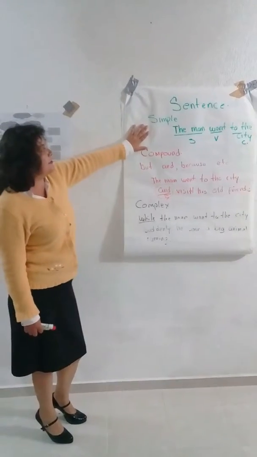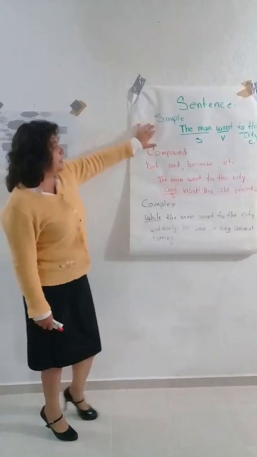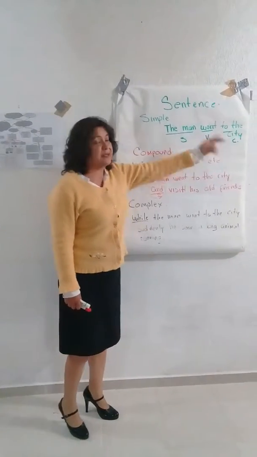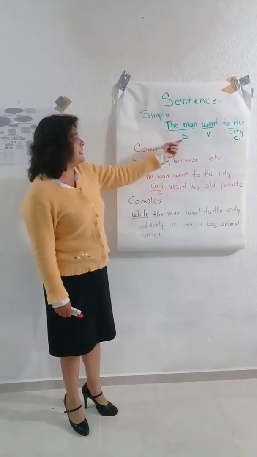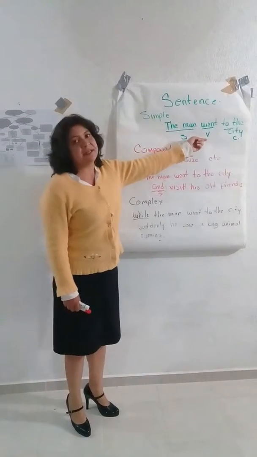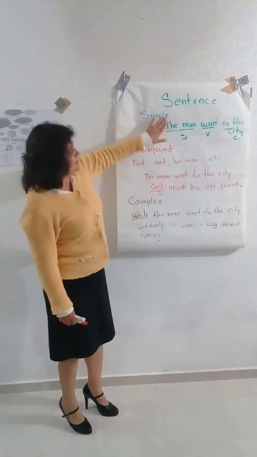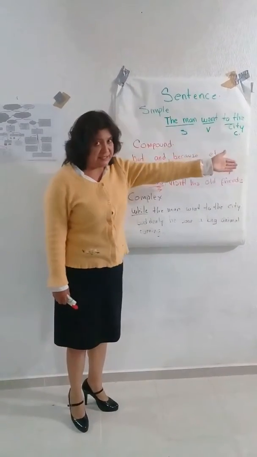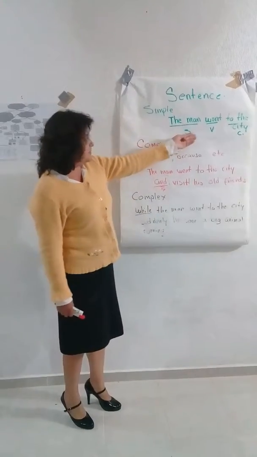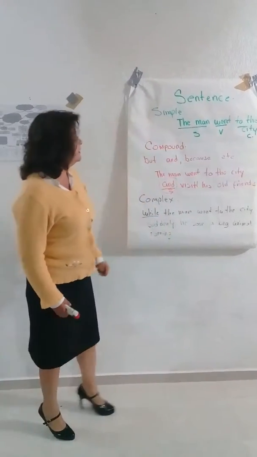Simple sentences are composed of a subject, a verb, and a complement. But the two main elements of simple sentences are subject and main verb. My example of a simple sentence is, the man went to the city. My subject, my verb, and my complement.